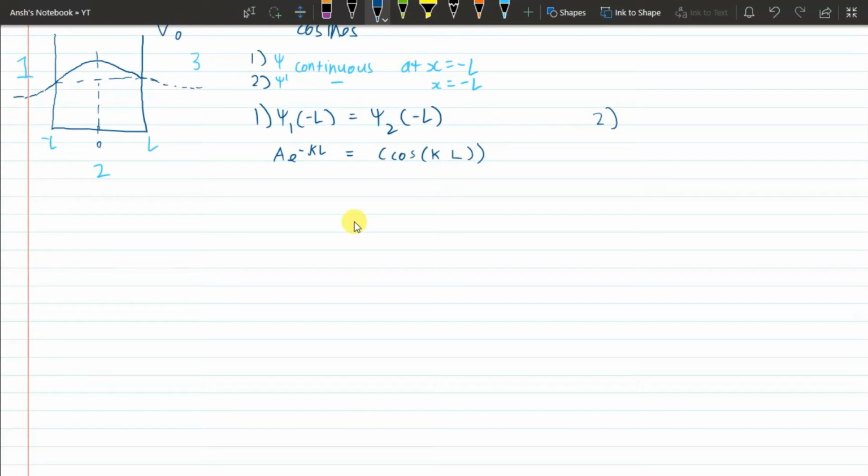The second condition is that psi1 prime, the derivative, also has to be equal at the boundary point. So you have minus kappa a e.